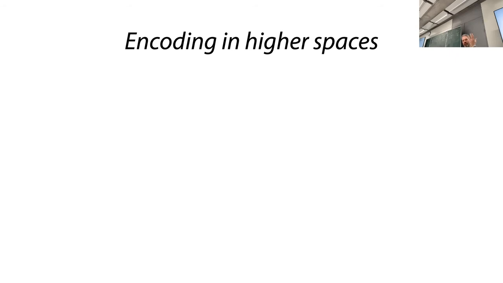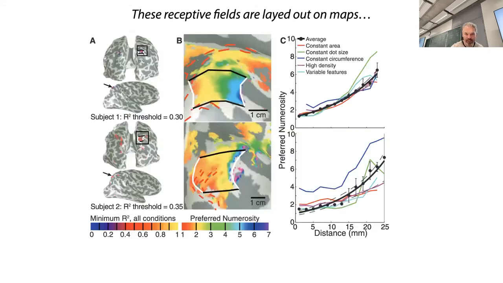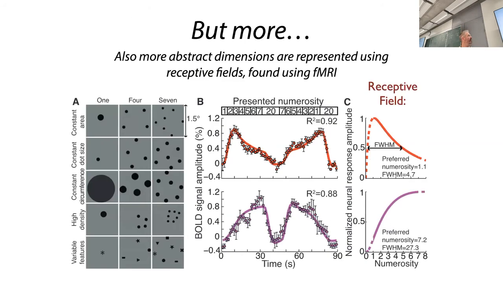so I'm sort of paraphrasing what I think my collaborators were thinking when they conducted this experiment. Just to get back to the specifics of the experiment, it's a boring experiment. People need to look at the center of the screen. The task in this case was not to do anything with the numerosity on the screen.